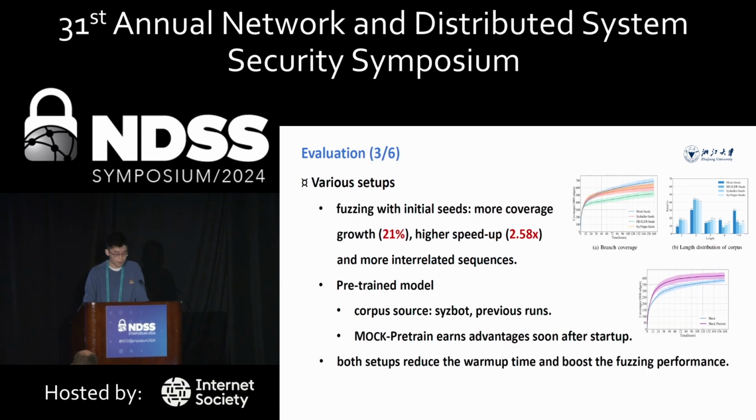To evaluate how the various setups contribute to the efficiency of Mock, we conduct experiments by feeding the fuzzers with initial seeds and integrating the pre-trained context dependency model with Mock. In the process, the corpus is collected from Syzbot and previous runs. The results show that both settings can help reduce the warm-up time and accelerate the fuzzing process.